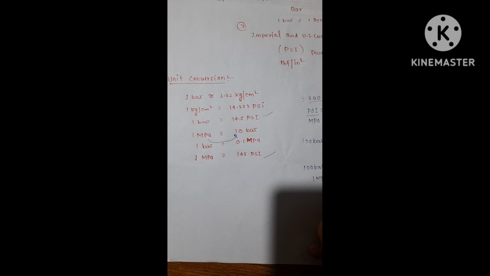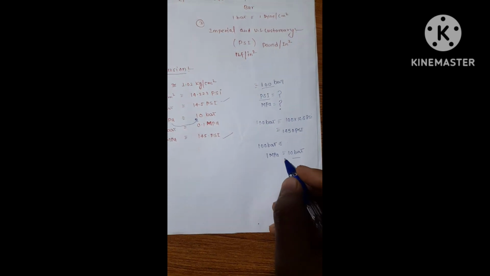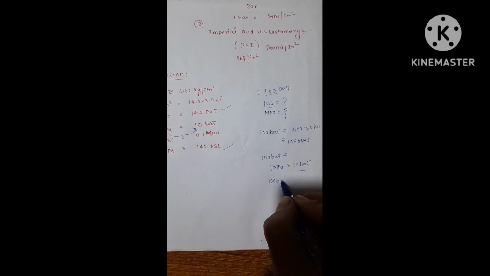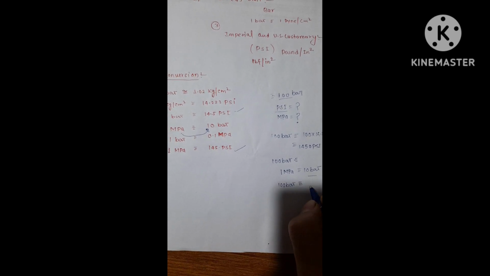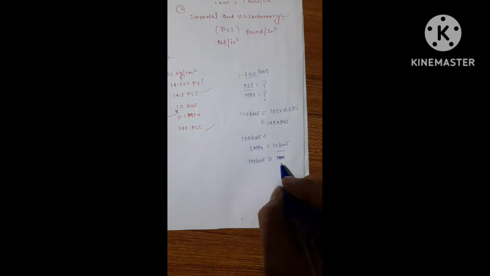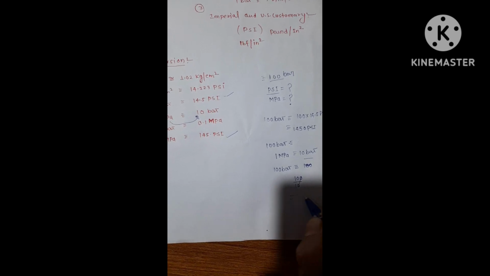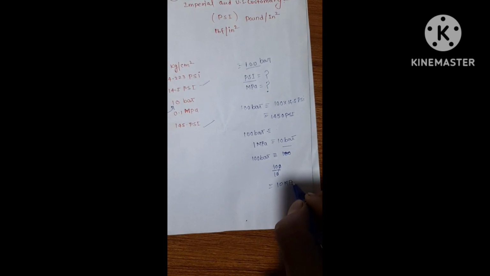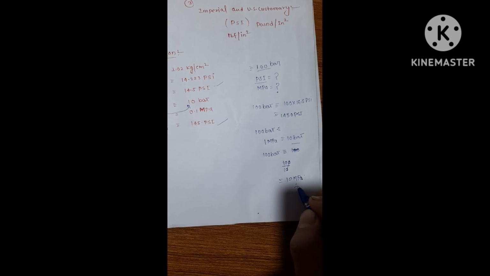Now 100 bar is equal to how much MPa? This goes to here. 100 divided by 10, it goes to 10 megapascal. It is okay now.